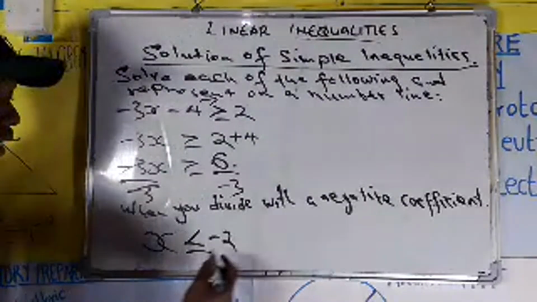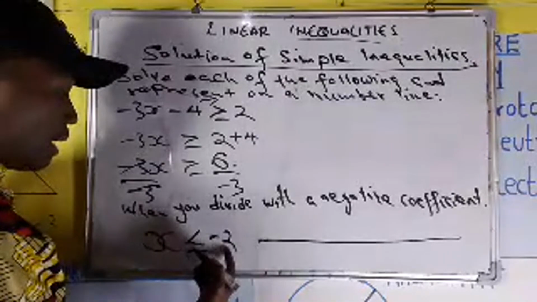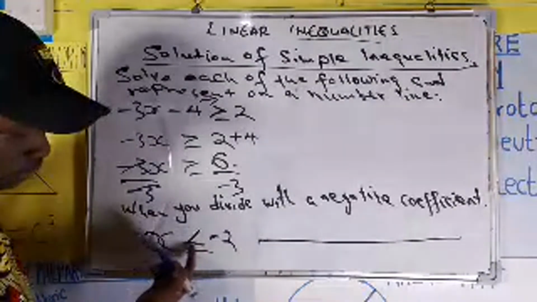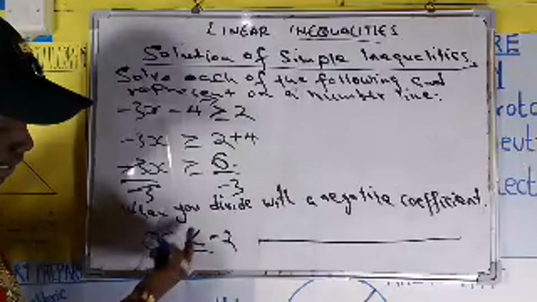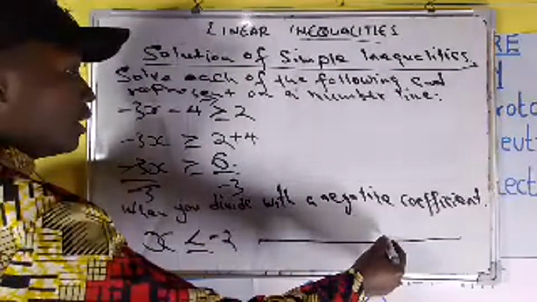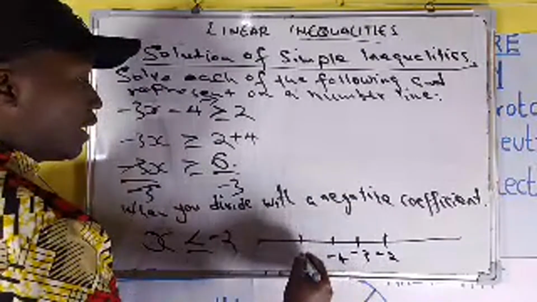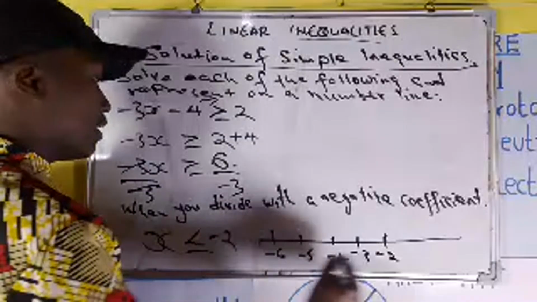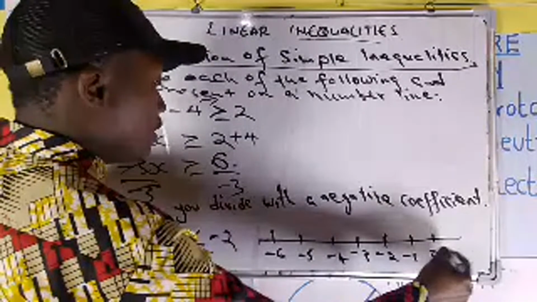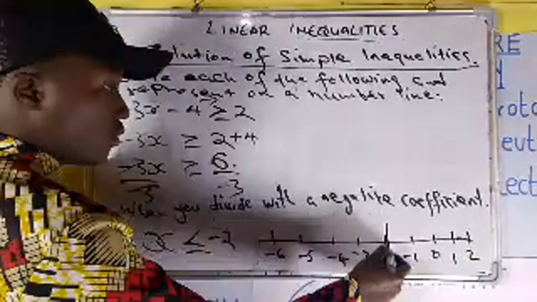Haya, so tukuje kwa number line. Number line iko hapo. Negative 2 iko hapa. Tunataka values za x is less than or equal to negative 2. Kwa hivyo tunaweza kuja hapa negative 2, negative 3, negative 4, negative 5, negative 6, negative 1, 0, 1, 2. So tutakuja hapa kwa negative 2.